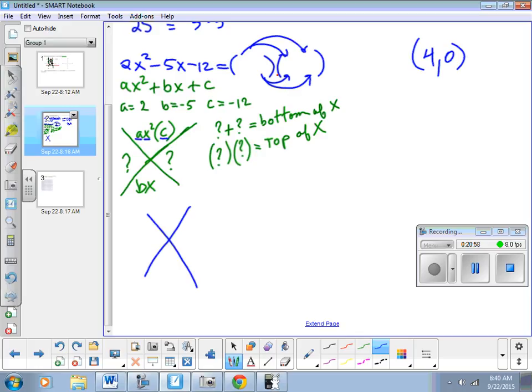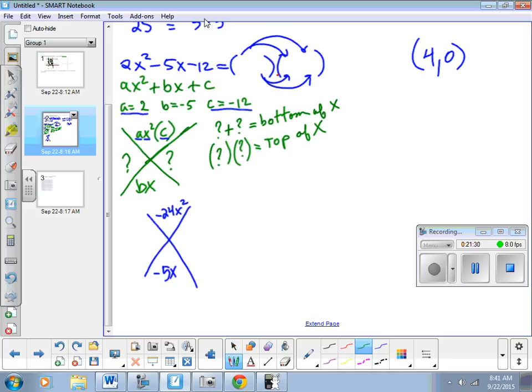So what value was a? 2. And the value for c was negative 12. So we're going to multiply those together. So go ahead and multiply those together, and you get what? Negative 24. Go ahead and put x squared though. Everybody with me so far? Yeah. All right, what's the term that goes on the bottom? Negative 5. And put an x there.